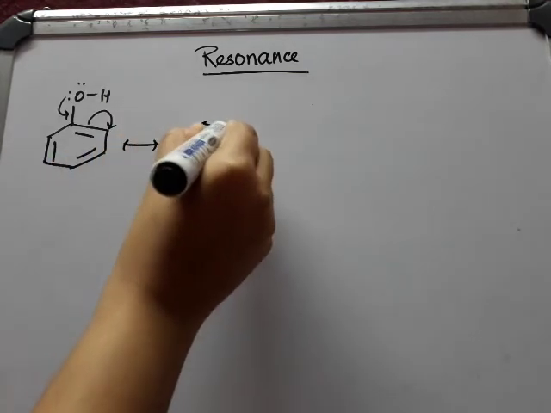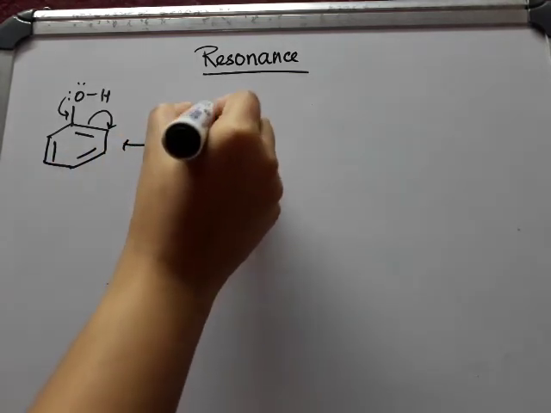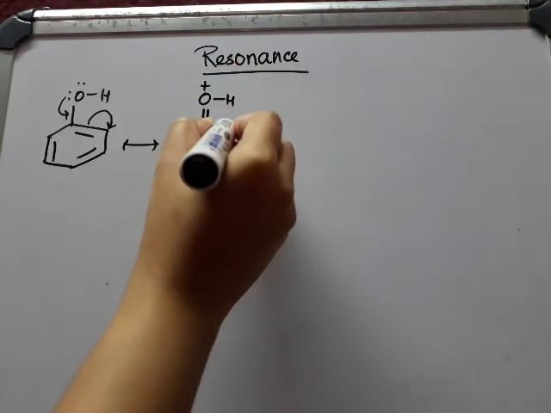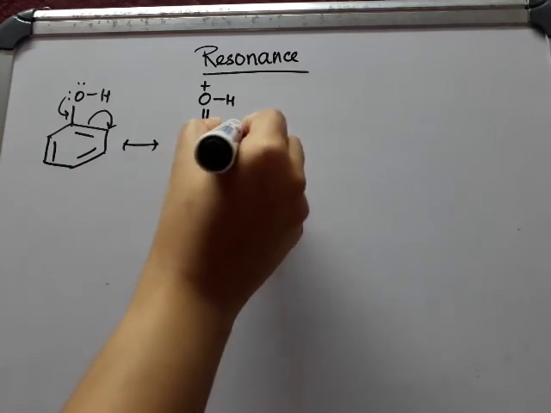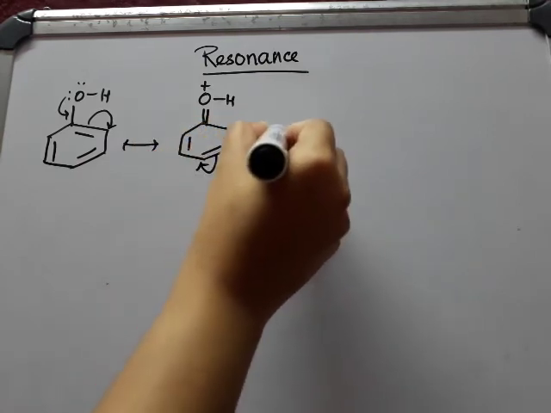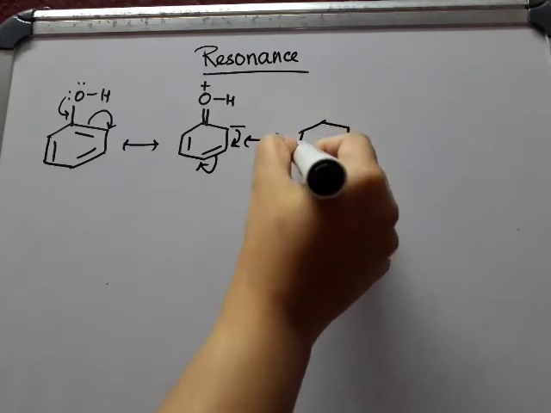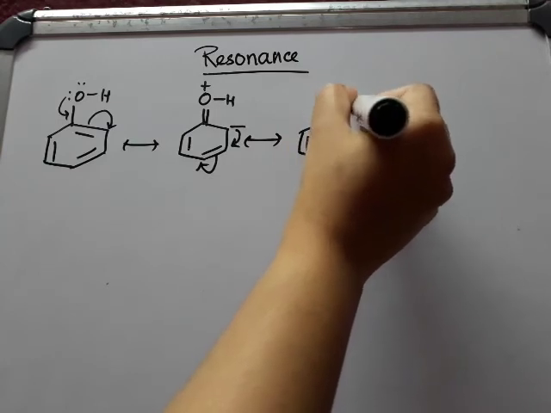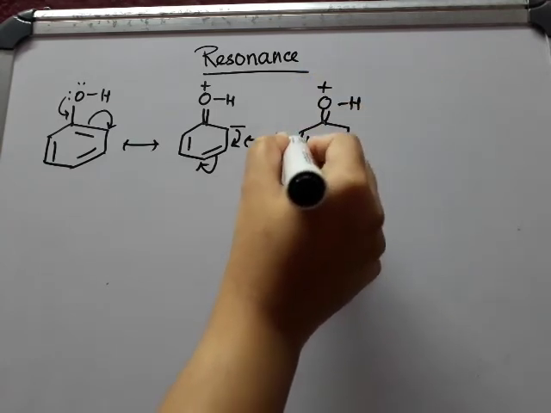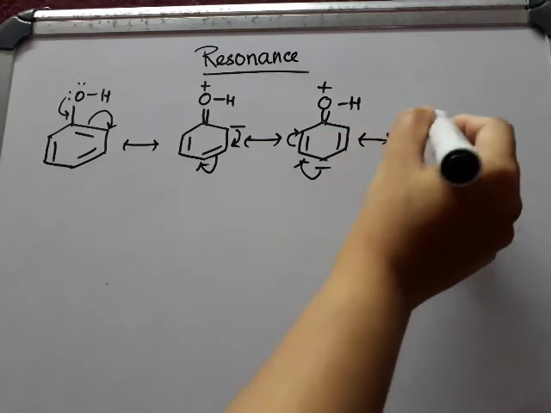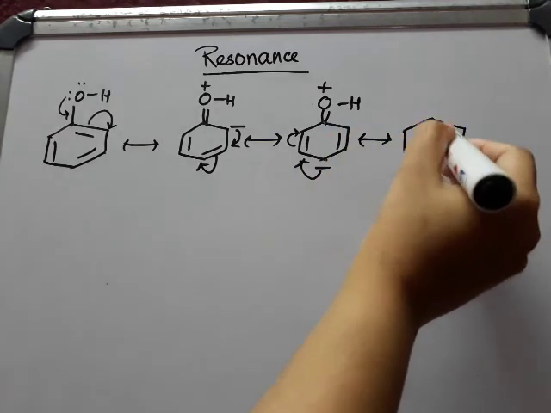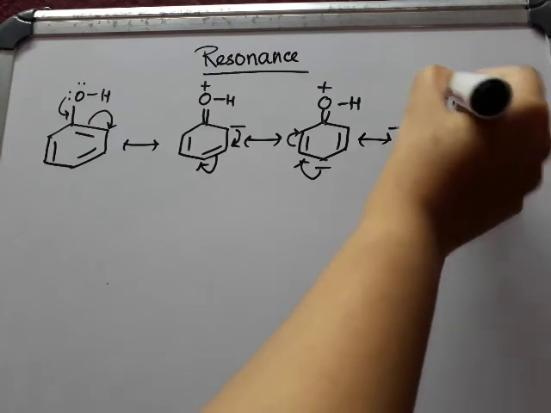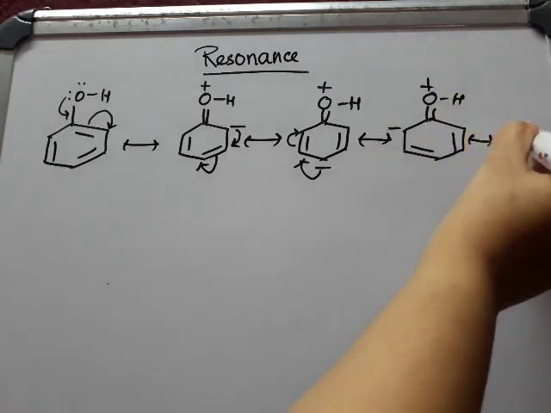So in the next canonical structure, oxygen will get a positive charge, double bond, negative charge. So this negative charge will be delocalized over the pi electron system. Next is this one, and so on.